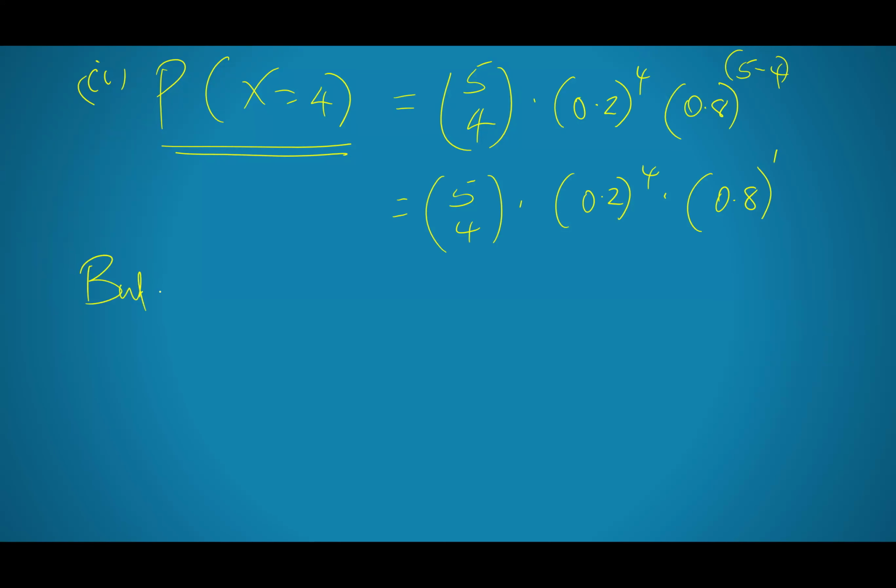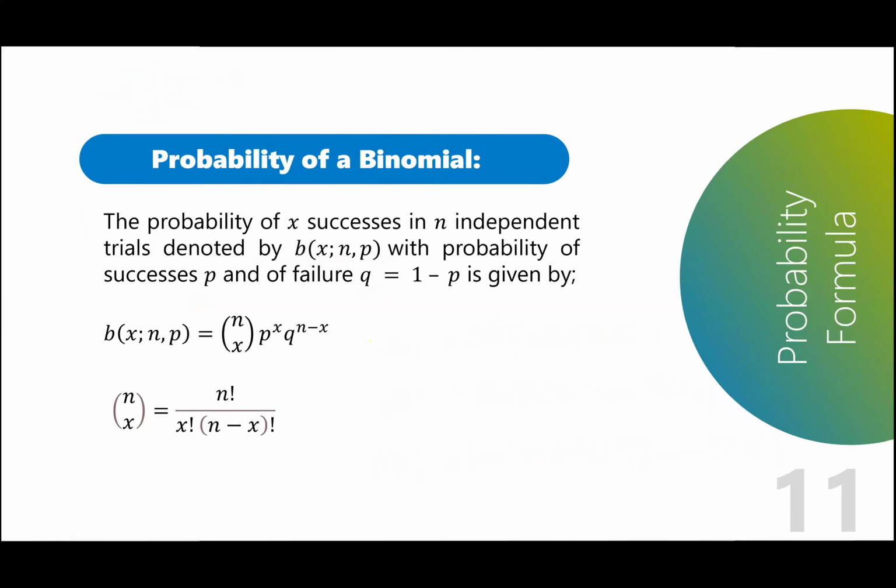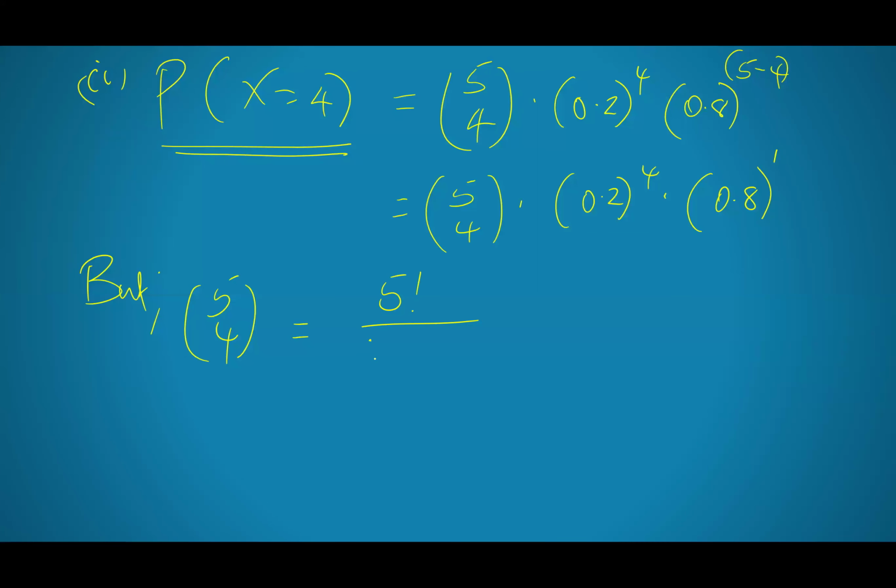But 5C4 is 5 factorial over 4 factorial, 5 minus 4 factorial. It's going to be 5 factorial over 4 factorial into 1 factorial.